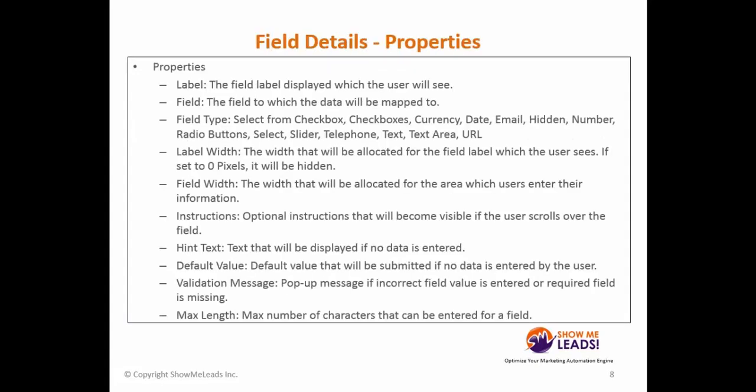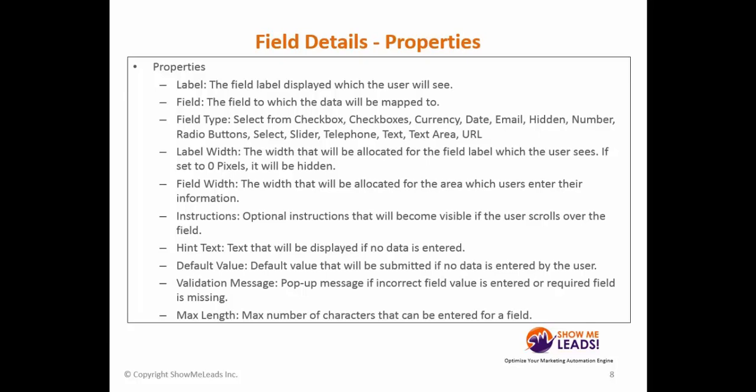Now this includes the label, which is the field label displayed that the user will see, the field to which the data will be mapped to, the field type, and you can select from checkbox, checkboxes, currency, date, email, hidden, number, radio buttons, select, slider, telephone, text, text area, and URL.